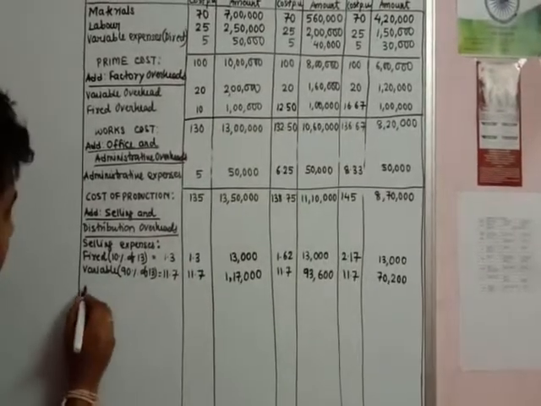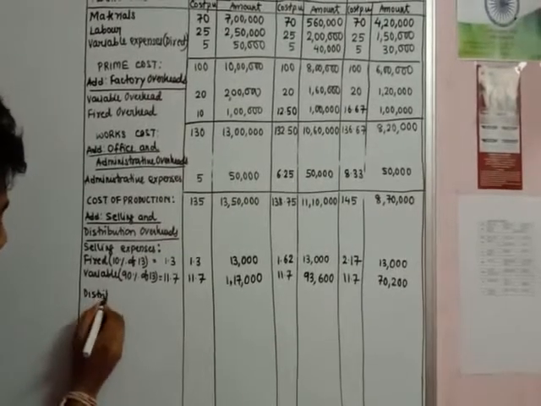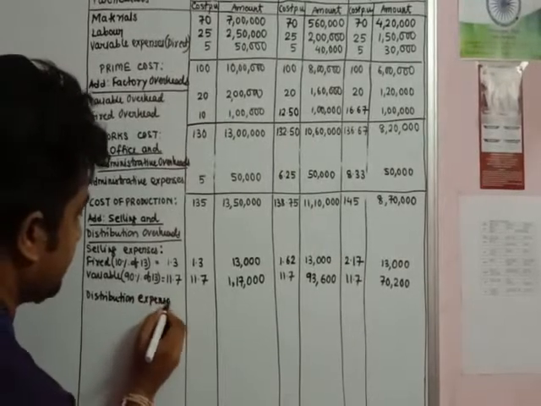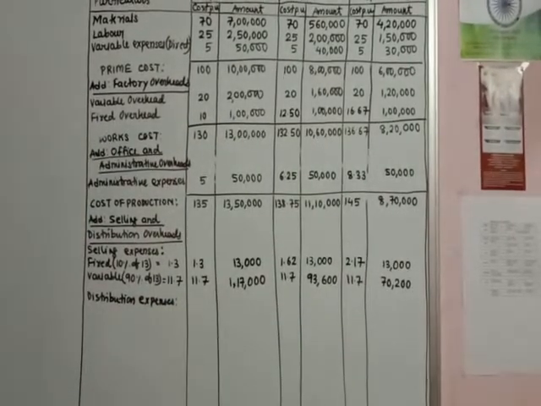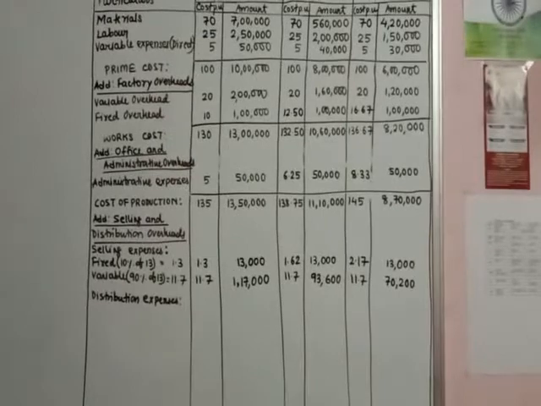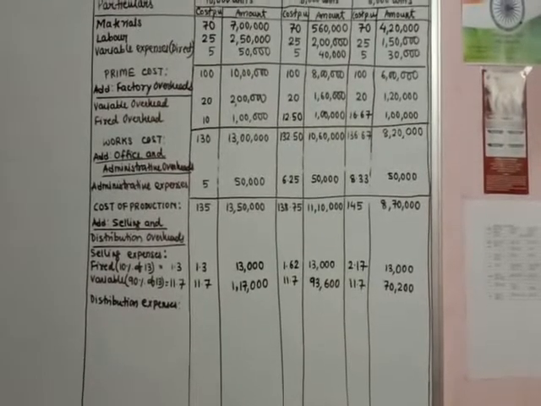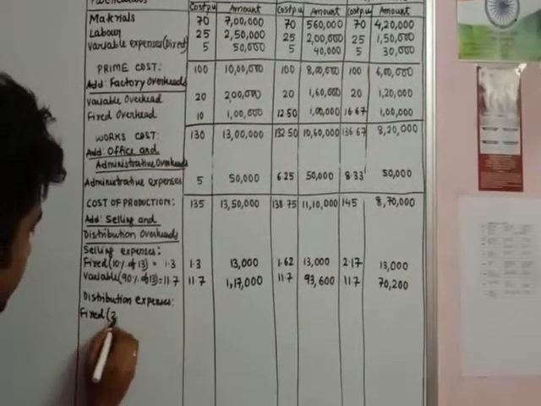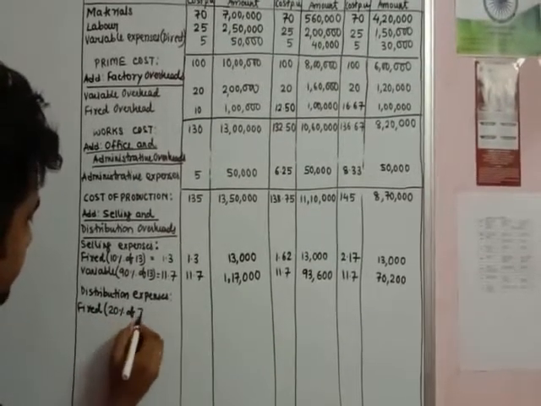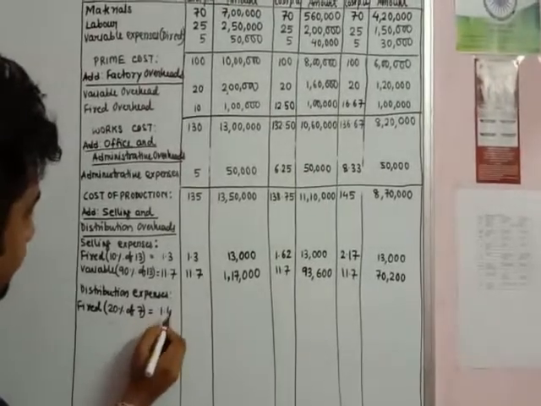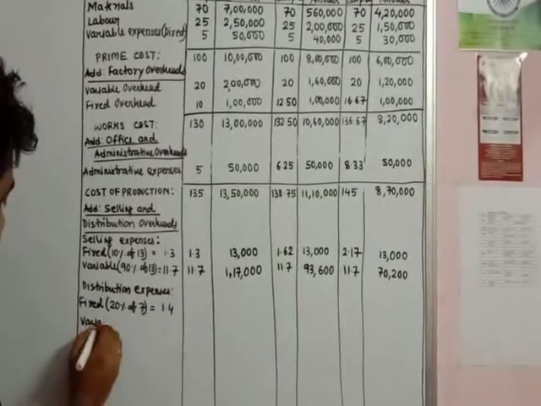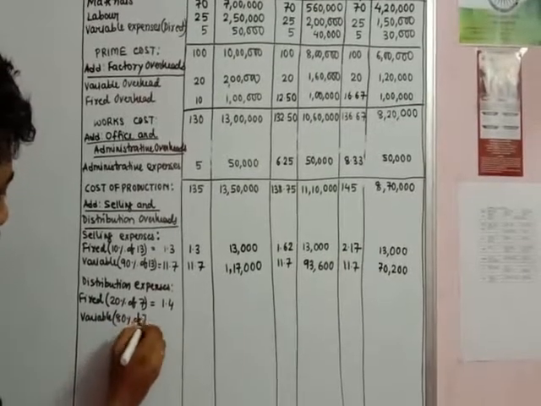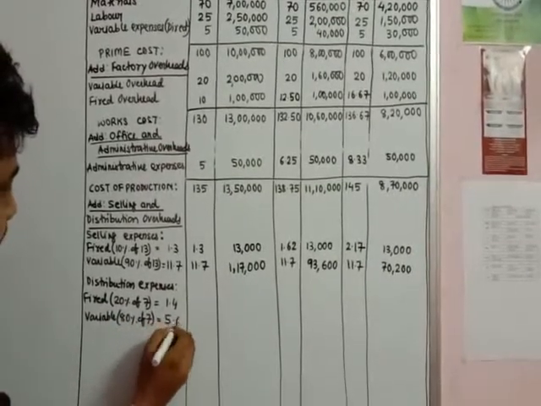Next, we have the distribution expenses. You will find in the question that for distribution expenses, again 20% is fixed and the amount is ₹7. So the fixed portion is 20% of ₹7, that is 1.4, and since 20% is fixed, 80% is variable, that is 5.6.